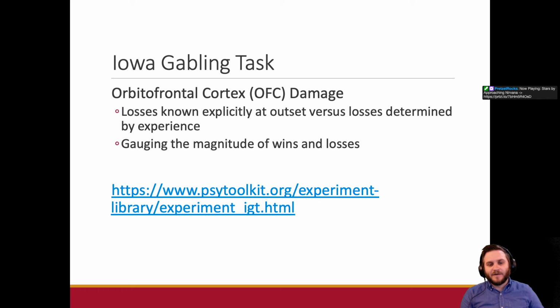So the Iowa Gambling Task is essentially a gambling task, obviously, but there are rules associated with it, and the rules are incredibly easy to determine if you have a functioning orbital frontal cortex. And orbital frontal cortex is essentially the cortex that is just above the eyes, okay? And so it's just in front, but on the ventral end.